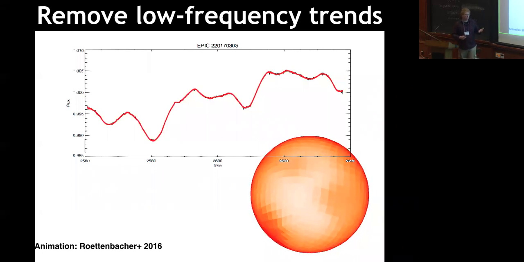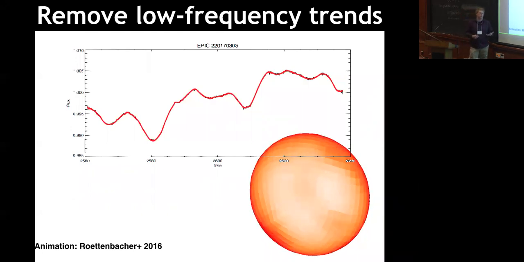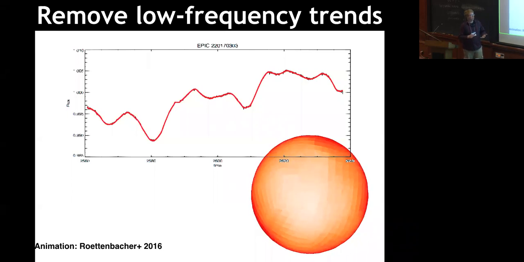This is actually a real image of a star, which is really cool, I thought. And occasionally you'll see a dark spot that goes along in front. If you measure the total brightness of the star as it rotates, when that dark spot comes across, the total brightness should be lower. So you'll be in one of these valleys here. And when there are no dark spots, you'll be at one of the peaks. And when you do this over and over again, you trace out this quasi-sinusoidal curve.